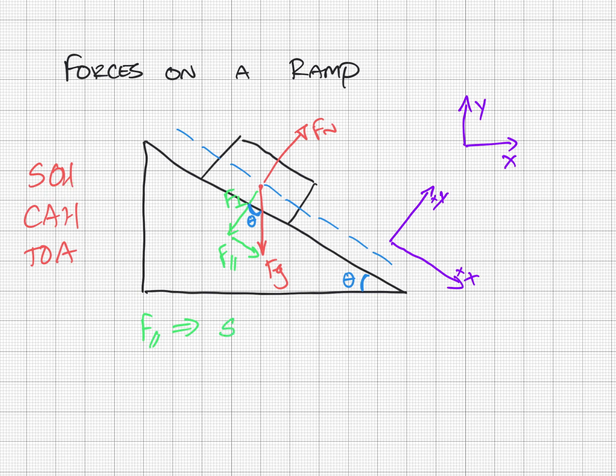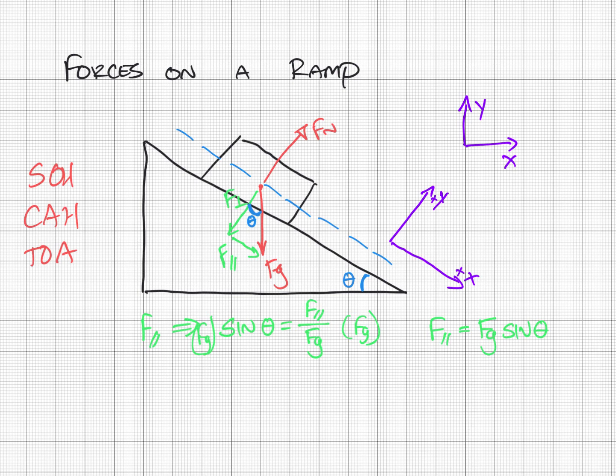So I'll set that up: the sine of theta is going to be the opposite, which is my parallel force, over my hypotenuse, which is the force of gravity. And then if I multiply each side by the force of gravity, I can see that my parallel force is equal to the force of gravity times the sine of theta.